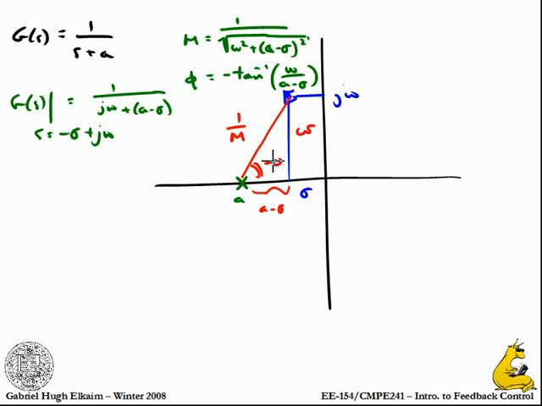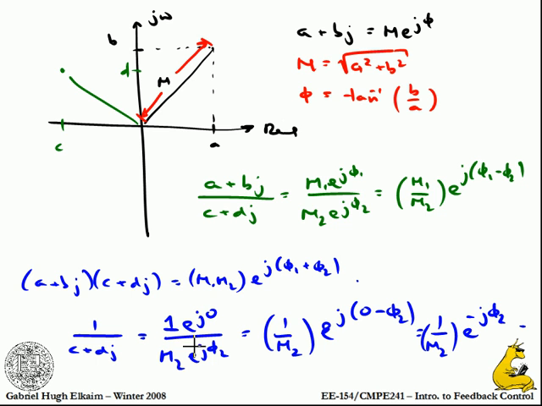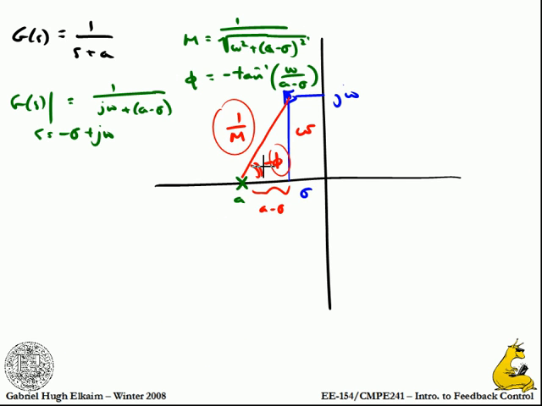Minus phi. 1 over M, minus phi. Does this perhaps strike a bell? 1 over M and minus phi. Again, I can find this.